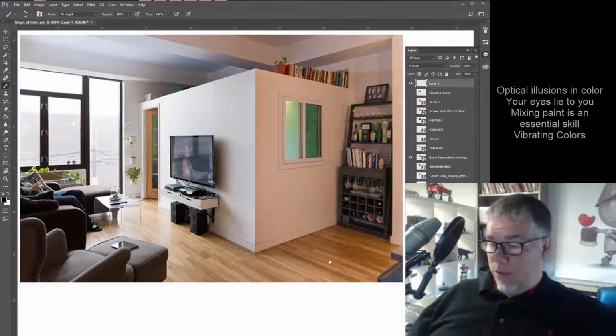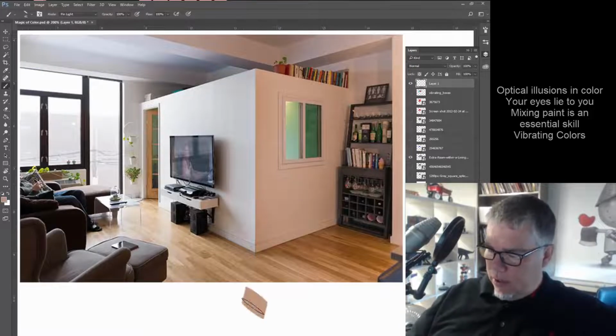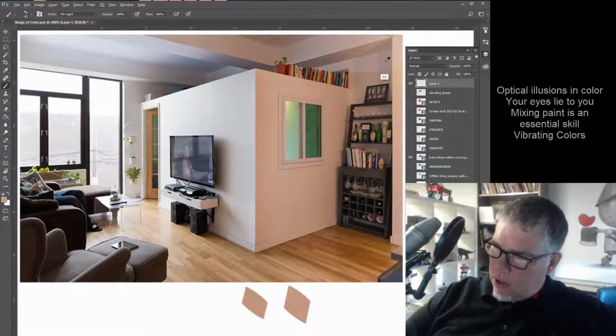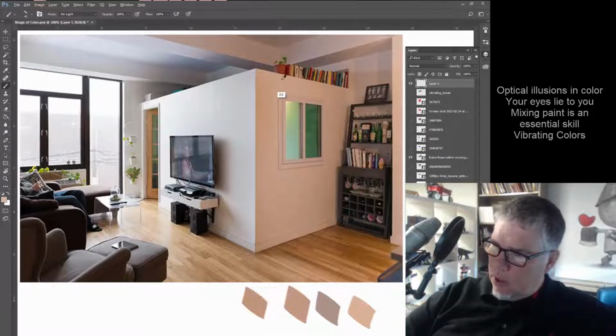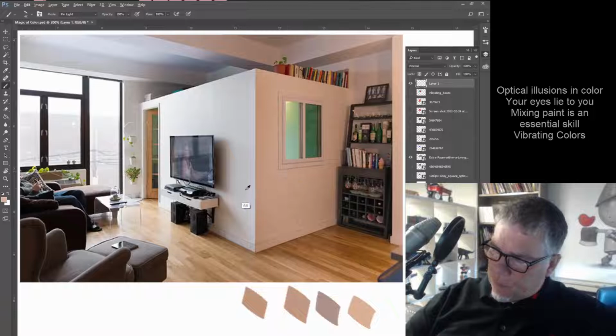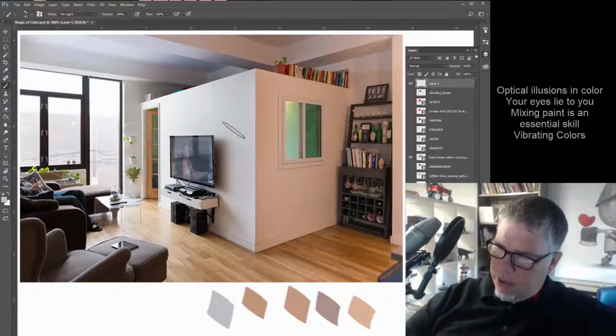Okay, so look at this room right here, and we're going to quickly see that when I select here, I'm going to pull out different colors. They might be subtle, but obviously this side's going to be different because the light is hitting it differently.